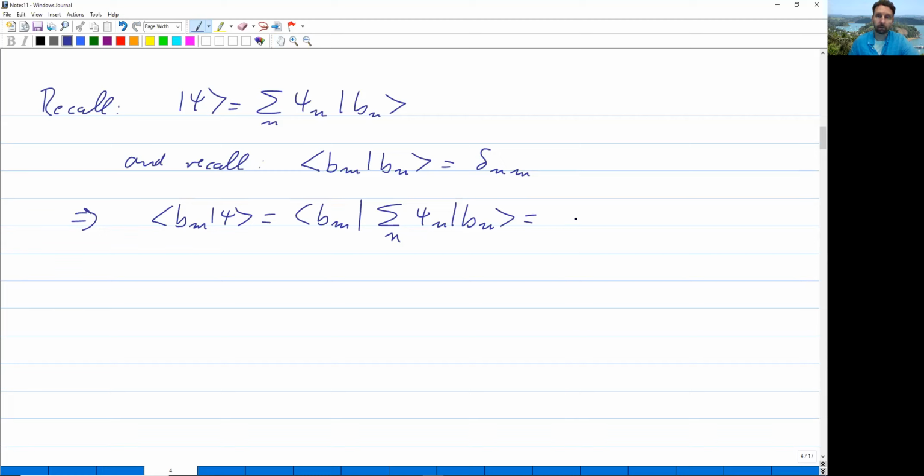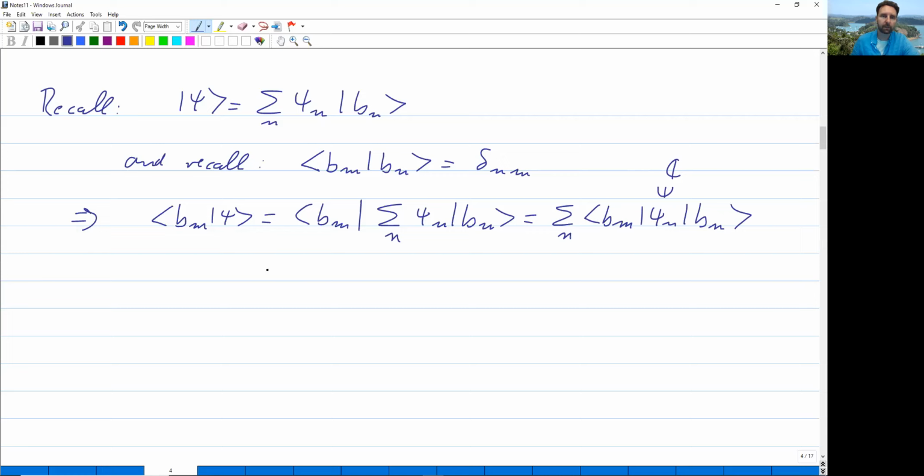But all of this is linear, so we can write the sum outside, and then we have ⟨Bm|ψn Bn⟩. Now this, remember, is just a complex number. It's the coefficient here in the basis, right? So we can pull this complex number out.